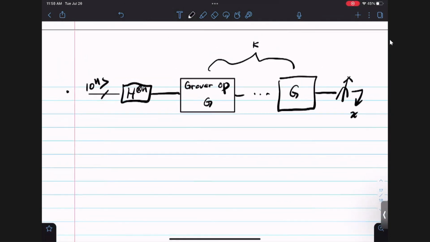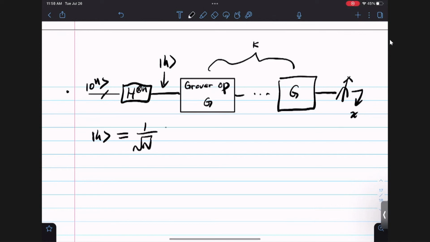Before defining this G, I want to show this, again, using this geometric picture. To do that, let me introduce a few notations. Let me call the state after the Hadamard H, and we all know what this looks like.